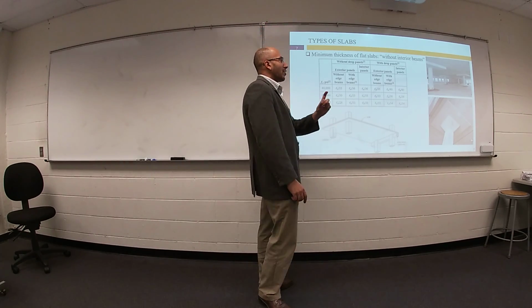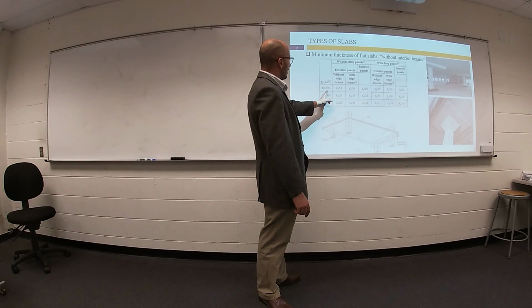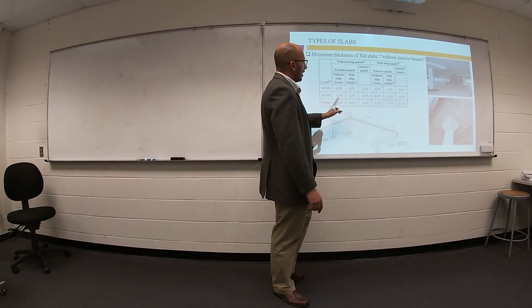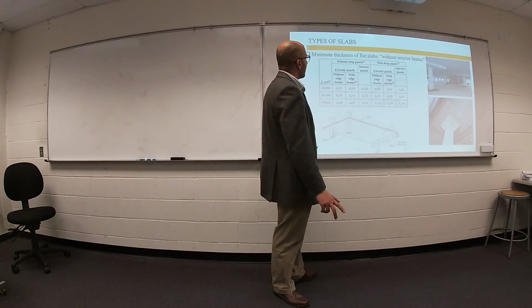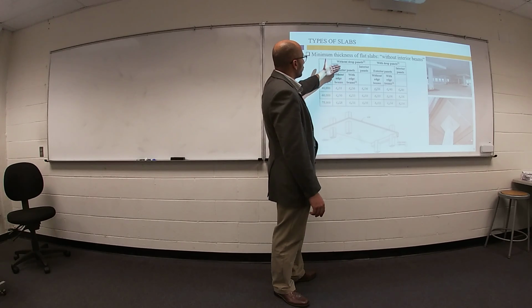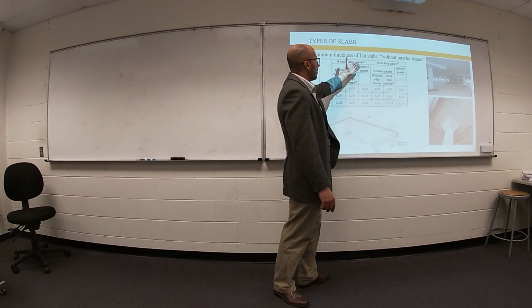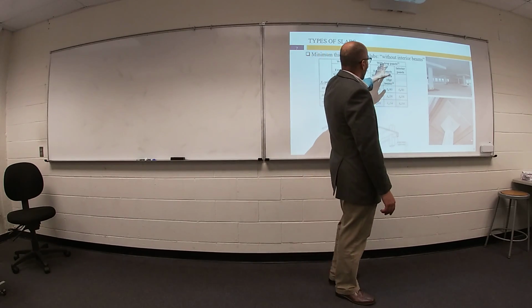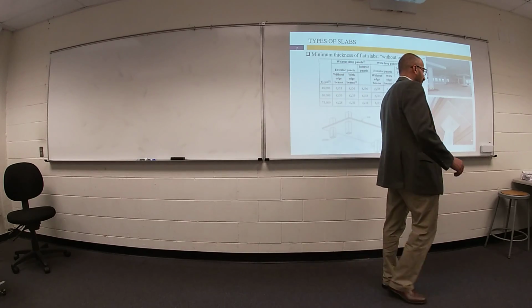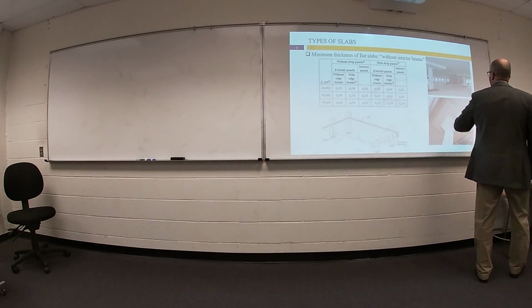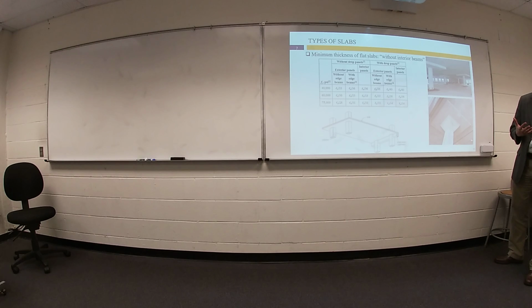If you would like to get the thickness of your flat slab, you can use this equation, whether you don't have any drop panel or you have drop panels. Like your friend said, sometimes we are worrying about punching. So what do you think? Where is the punching? At the column.